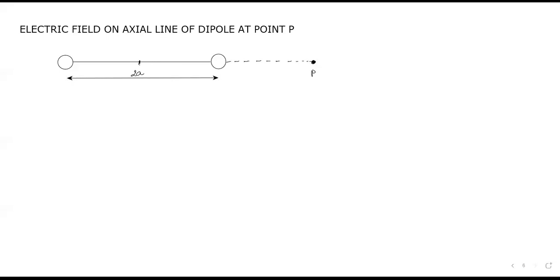Then what will be the separation of the point P from the minus Q charge? This is your minus Q, this is your plus Q charge. And the separation between the center and P is R. This separation is R. Then what will be the separation between plus Q and P?